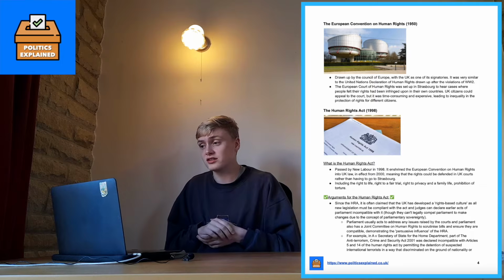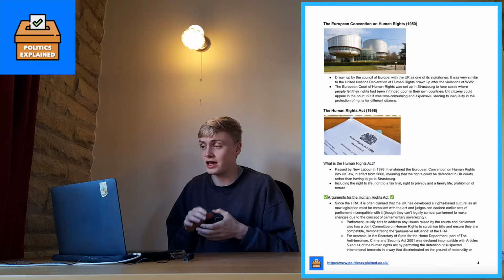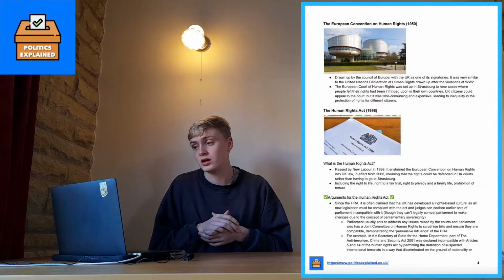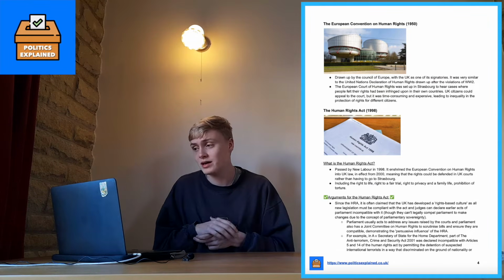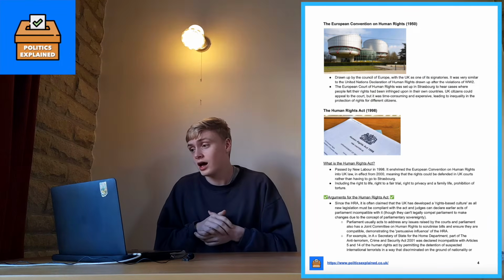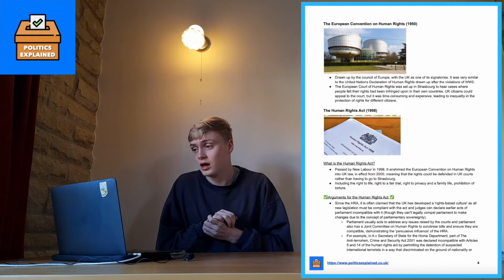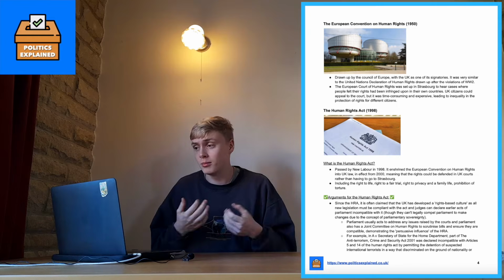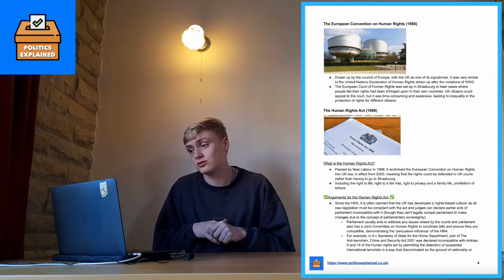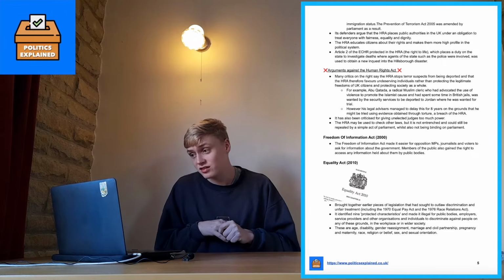A really good example that you can see up there in relation to this is A versus Secretary of State for the Home Department, under Tony Blair's New Labour, and the response to a lot of terrorism in the early 2000s. Effectively, the Anti-Terrorism, Crime and Security Act of 2001, which was passed in order to try and combat terrorism, was declared incompatible with Articles 5 and 14 of the Human Rights Act by permitting the detention of suspected international terrorists in a way that discriminated on the ground of nationality and immigration status.